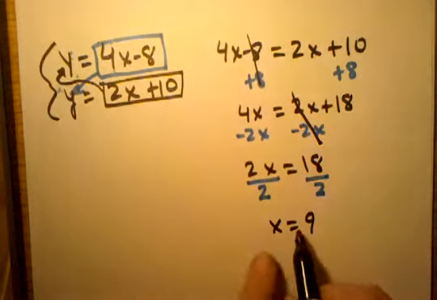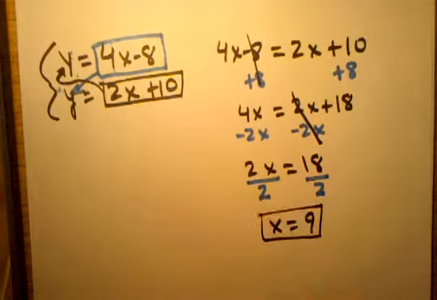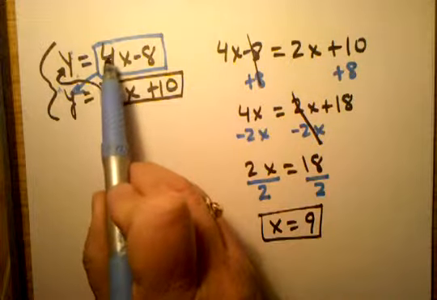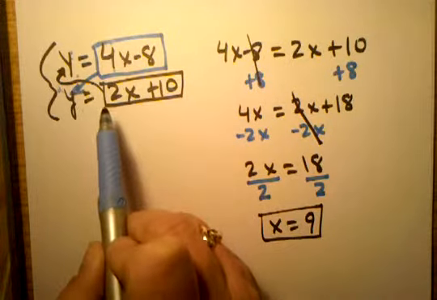So now I have x equals 9. So here's one part of the coordinate that I need for the point that I know is a solution for these two equations. Now to get to the other part, which is the y coordinate, I need to plug 9 in for x in either one of these equations. It doesn't matter which one. It'll work both ways.